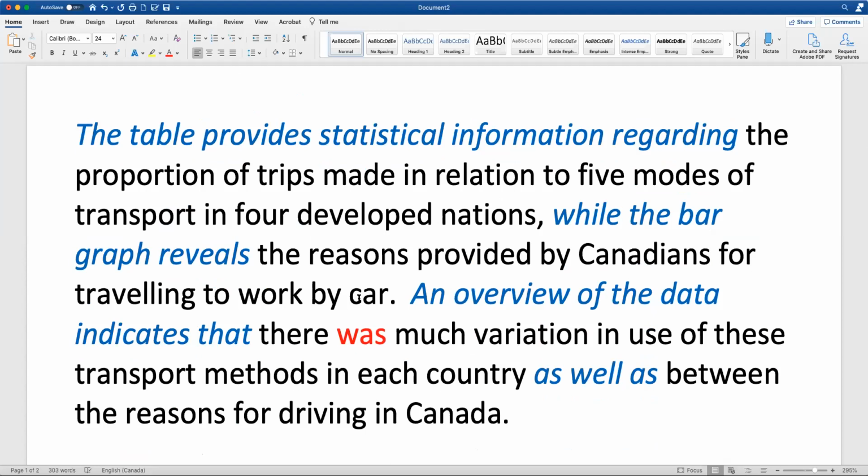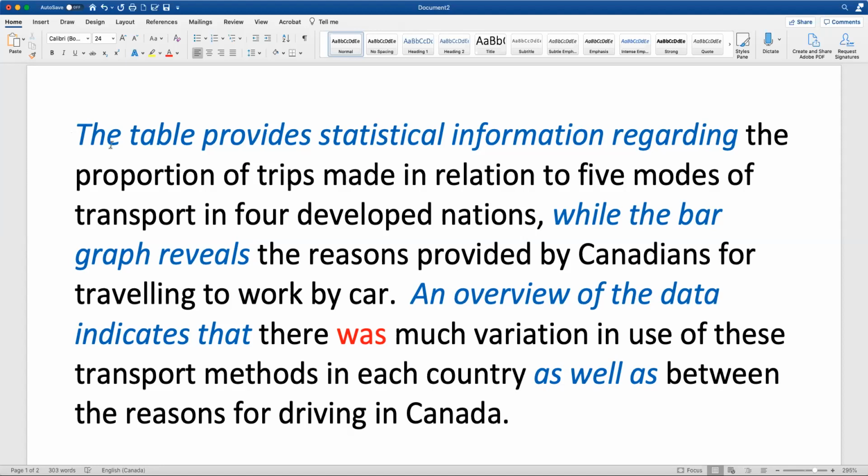First, let's read it, and then I'll cut it down a little bit for you. Go ahead and start, Mabel. The table provides statistical information regarding the proportion of trips made in relation to 5 modes of transport in 4 developed nations, while the bar graph reveals the reasons provided by Canadians for traveling to work by car.